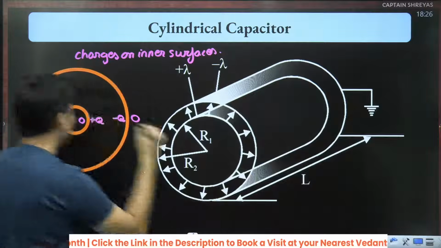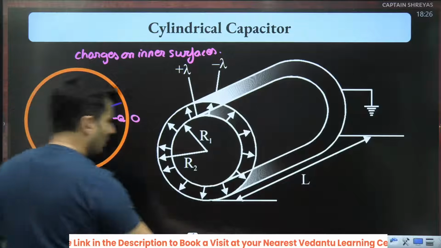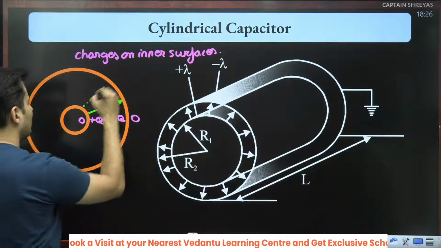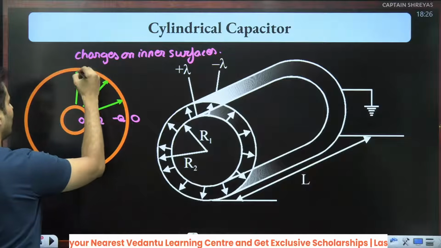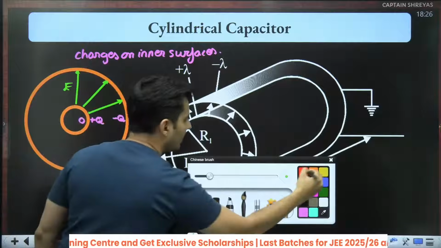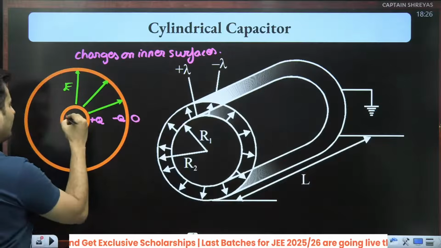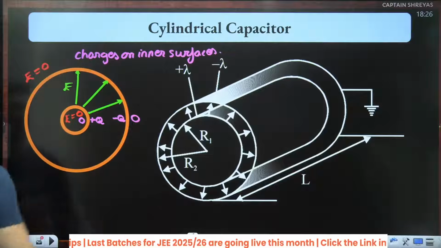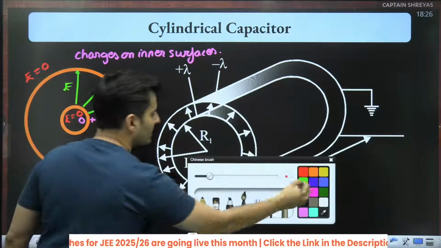And hence you will see that the electric field is also between the inner sides, from the inner side of this to the inner side of the outer one. So the electric field is also here. So naturally, if you count what is the electric field here, it will be 0. Electric field over here is also 0. Electric field here is also 0.